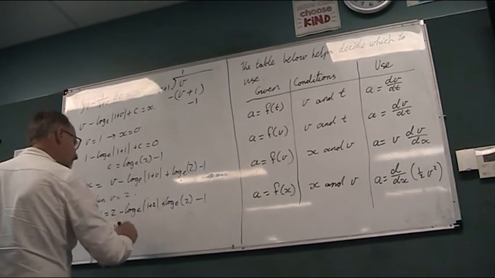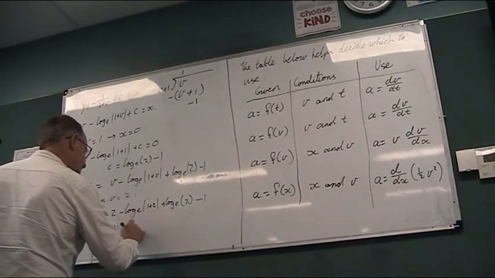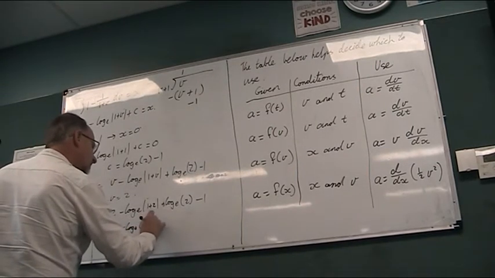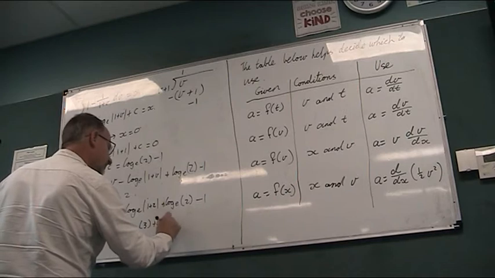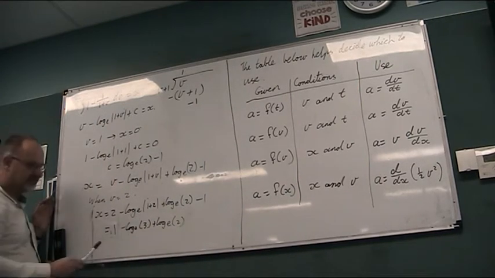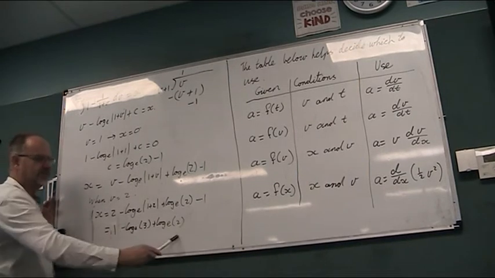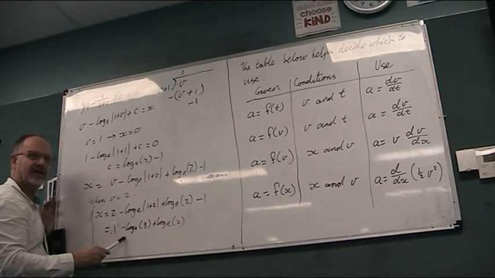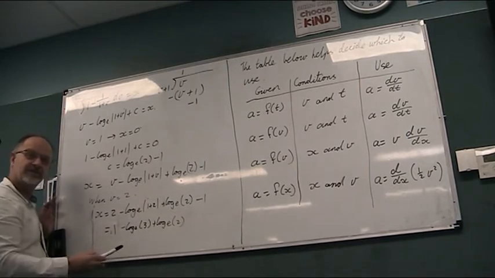This stuff here I've got negative log to the base e of 3 plus log to the base e of 2. What can I do with these? 2 over 3.